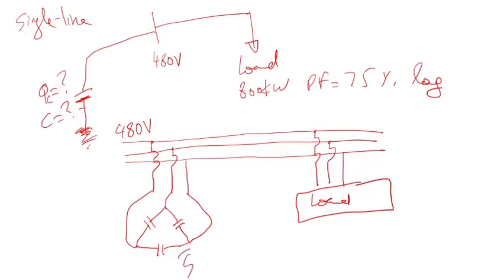As you can see here, you can call this S1, this is S2. Obviously S2 will be P2 plus j times Q2. I'll write S1 in the next slide.